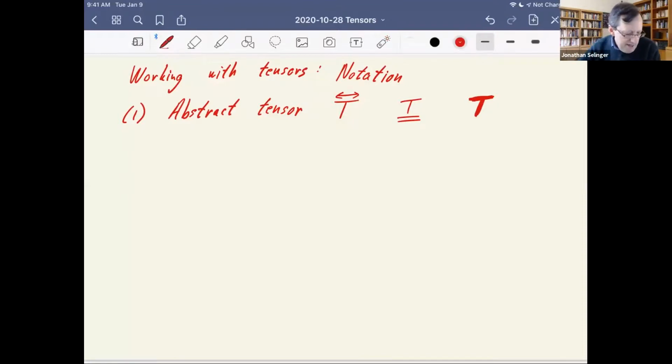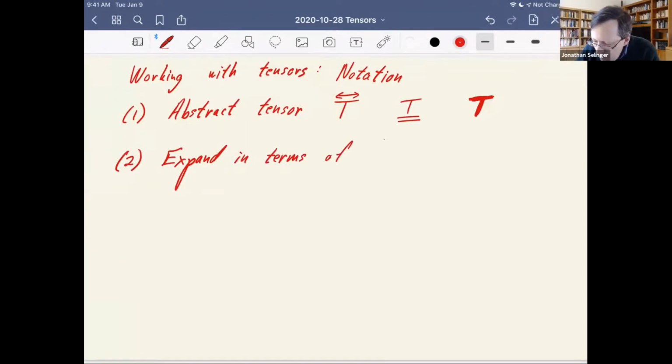All right, now we could also expand in terms of basis tensors.